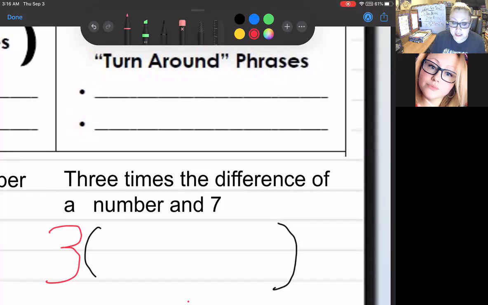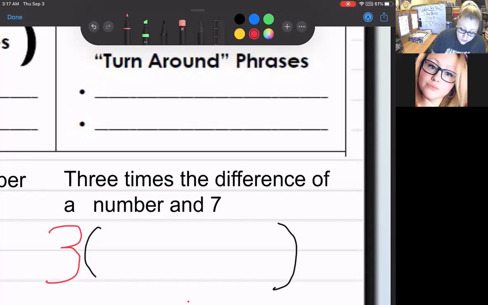So when you see difference, what do we also know that means? The difference of a number and 7. 3 times the difference of a number and 7.